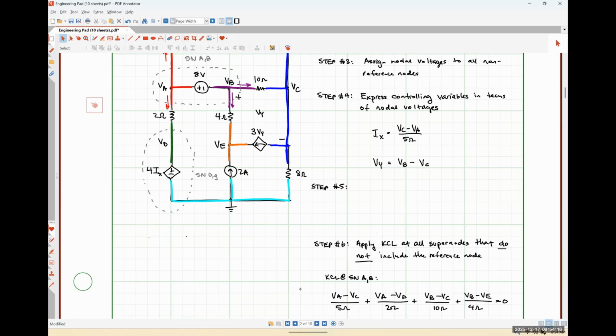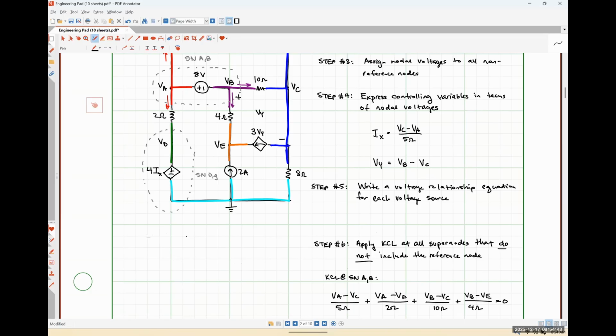Okay. So let me just write that down. So write a voltage relationship equation for each voltage source.